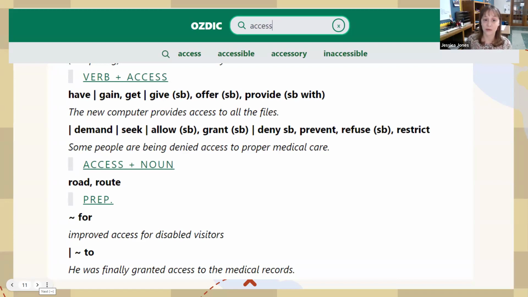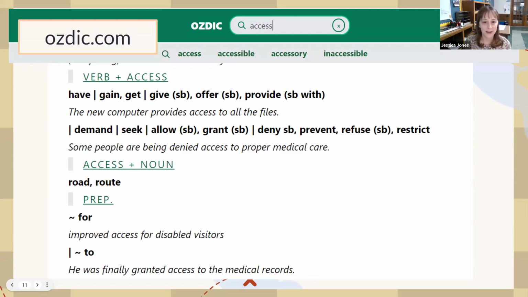So we talked about for going with people or groups, and then to, access to the medical records. So helping to differentiate when we're going to use for and when we're going to use to. And then from there, they just put sentences into the chat, and the volunteers and I provided feedback on those. I saw a lot of growth in their sentence writing, just with this very simple, literally zero prep activity.